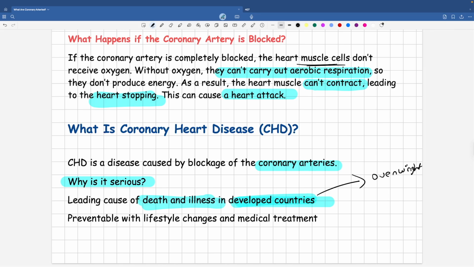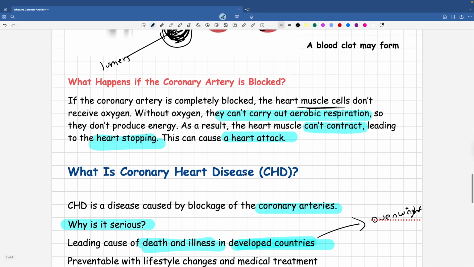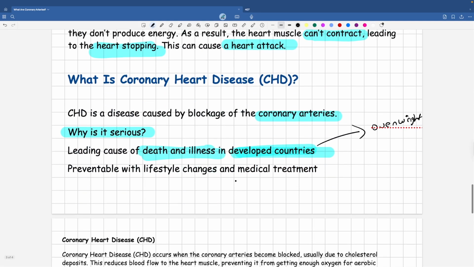If you consume more food, you are consuming more cholesterol. As a result, the coronary arteries are getting blocked by this cholesterol.